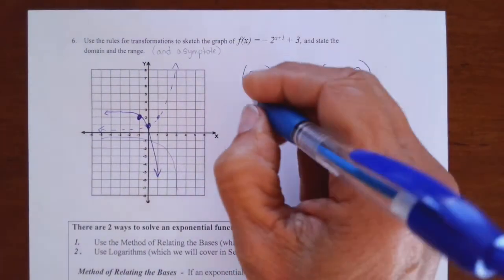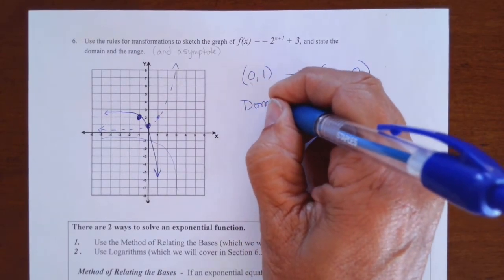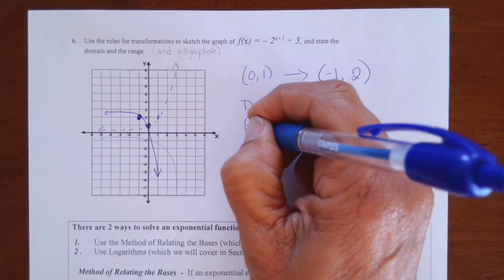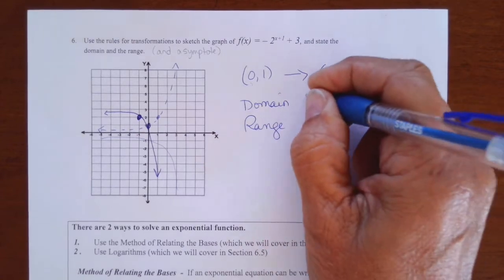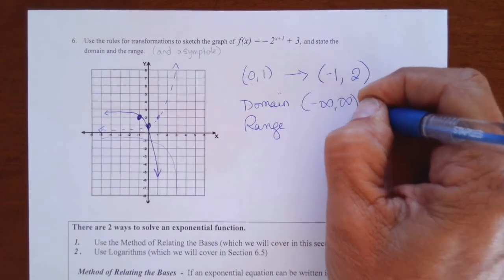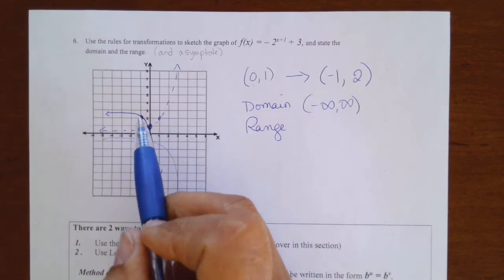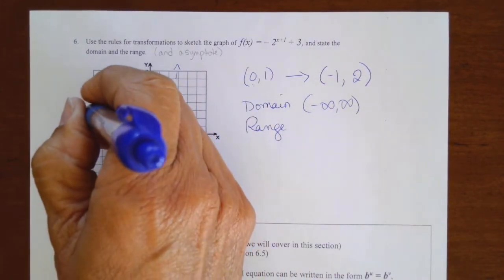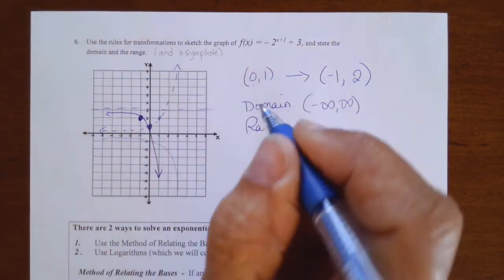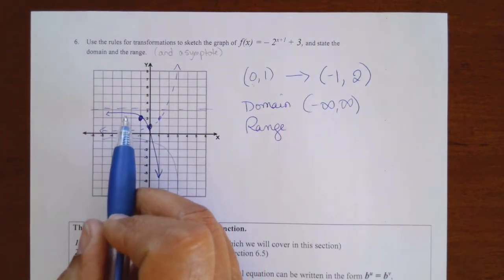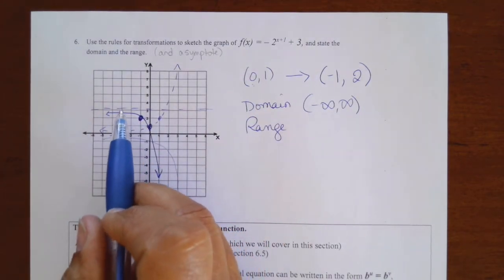All right, so remember when you do your domain and range, let's look at what happens. So the domain will always be that. I don't ever have to worry about that. Now the range, instead of being at 0, notice where the asymptote is now. Here's the asymptote, okay? But I'm not going to go from the asymptote to infinity.